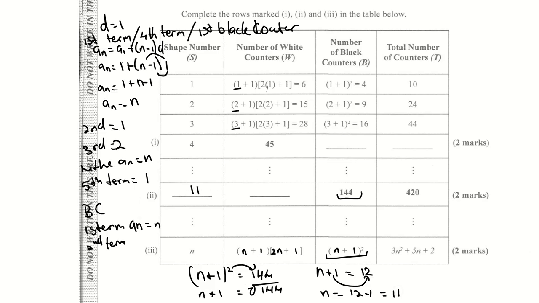So far, so good with everyone? I'm not going to go on this section just yet. I'm sticking on this one. I know that it's my fourth term, so it will be 4 plus 1 all squared, which is 5 squared, which is 25. Yeah?